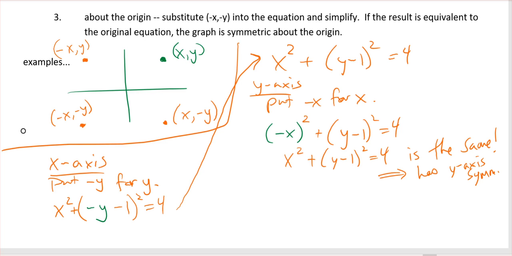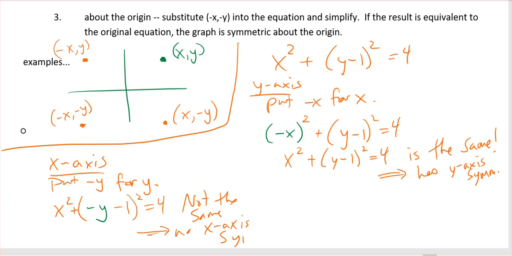If I would square all of this stuff out, and we can if we really want to, but we don't really need to because we can see that this is different than this, right? So when we see that they're different, we get a different result after we simplify it. We can say that this is not the same. So that tells us that there is no x-axis symmetry.